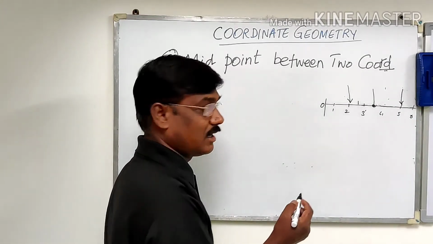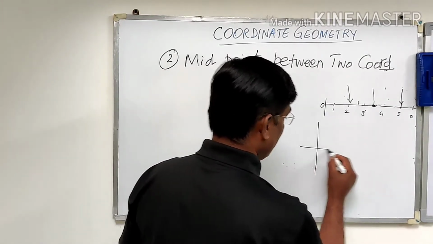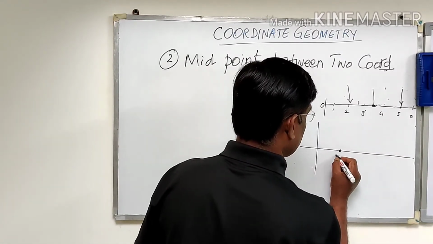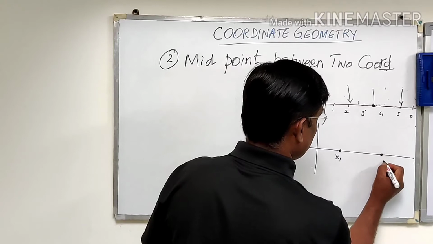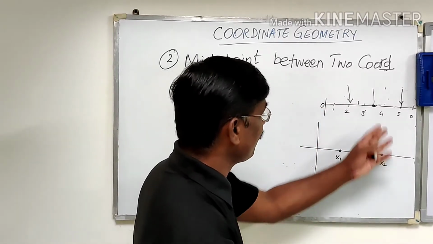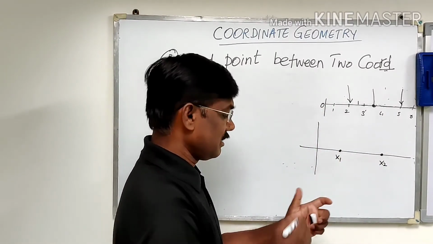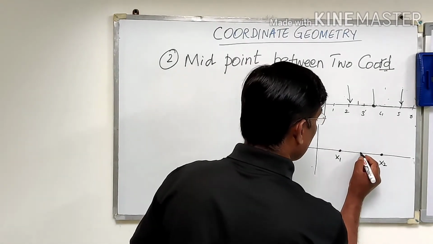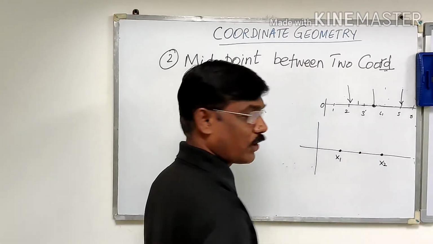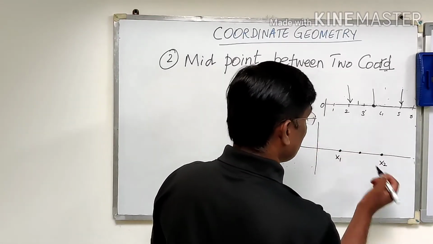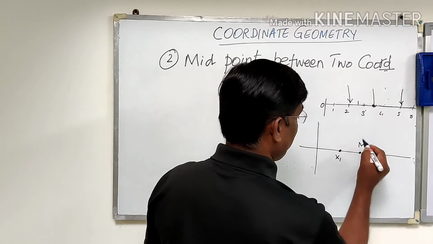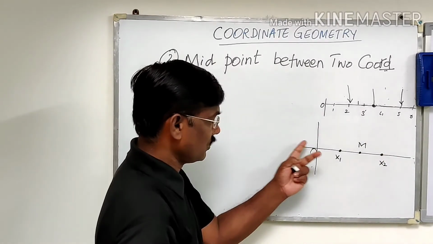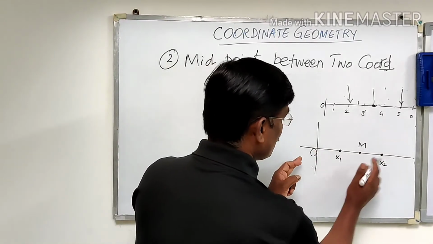So in general, let us say this is one point, x1, and this is another point, x2. Instead of 2 and 5, I am giving a general notation, x1 and x2. Now we have to find the midpoint between x1 and x2. Let us say this is the origin, 0.